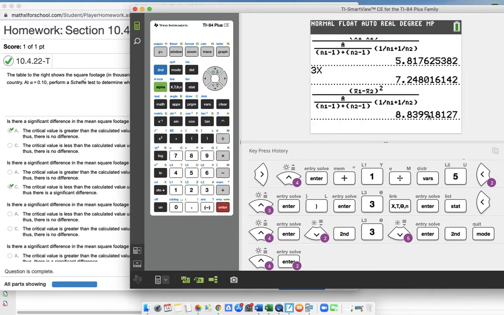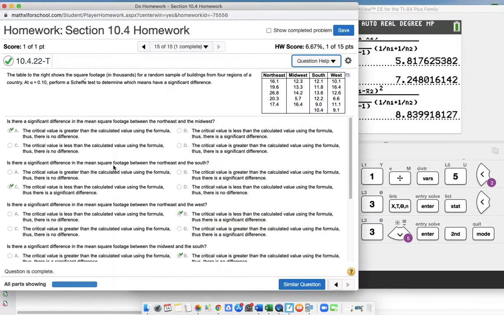So now this value is greater than my critical value. So we go over here. The critical value is less than the calculated value using the formula. So there is a significant difference. What we just found was there's no difference between these two, technically speaking, although obviously it looks like there is quite a bit of difference, but it's not significant enough.